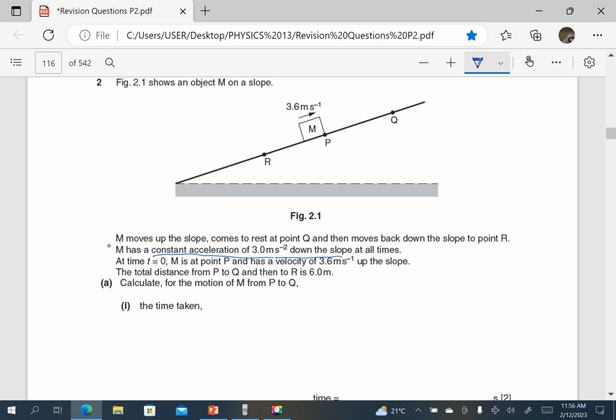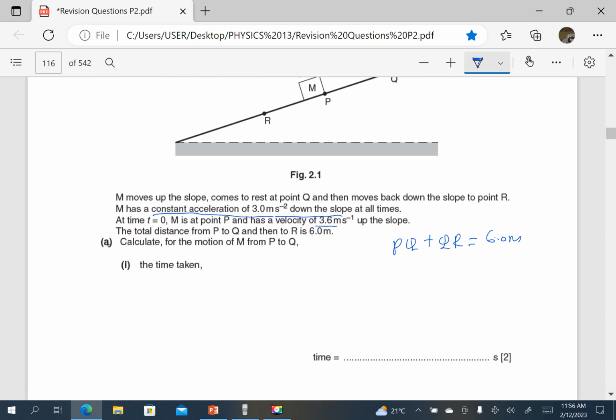At time t equals 0, M is at point P and has a velocity 3.6 meters per second up the slope. The total distance from P to Q and then to R, in other words PQ plus QR, is 6.0 meters.